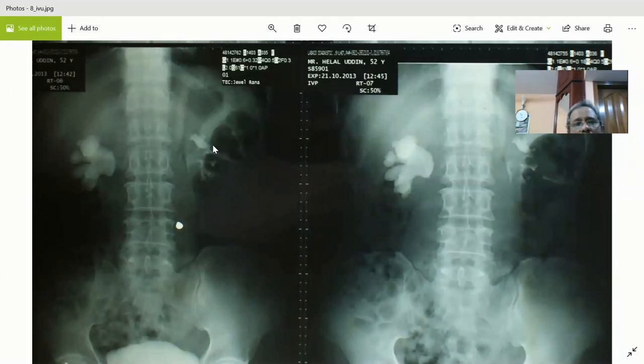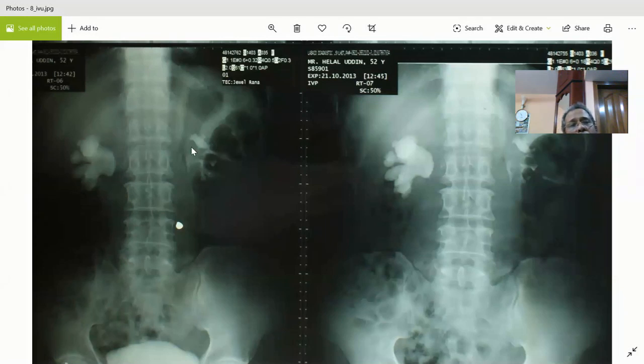That means, say, a small stone impacted in the neck of the pelvis. If it is not dislodged, the back pressure causes increased pressure in the pelvis and back pressure to the renal parenchyma, and that causes ischemia, and the kidney dies.